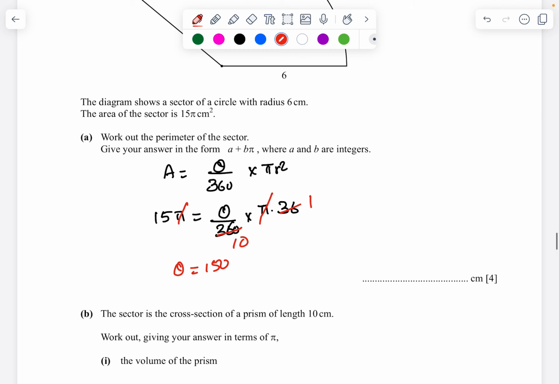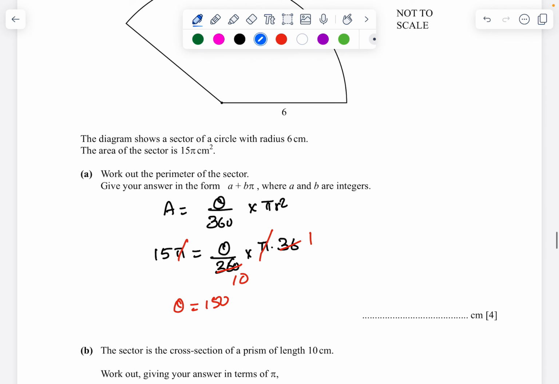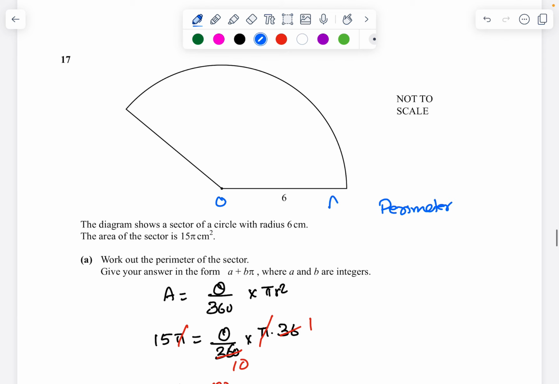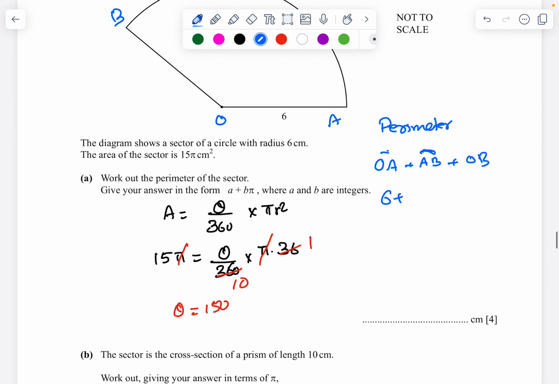What is he asking? He is asking us to find the perimeter. Perimeter, if OAB, is going to be OA plus arc AB plus OB. OA is 6 and arc AB will be theta upon 360 times 2 pi r plus OB is also again 6.